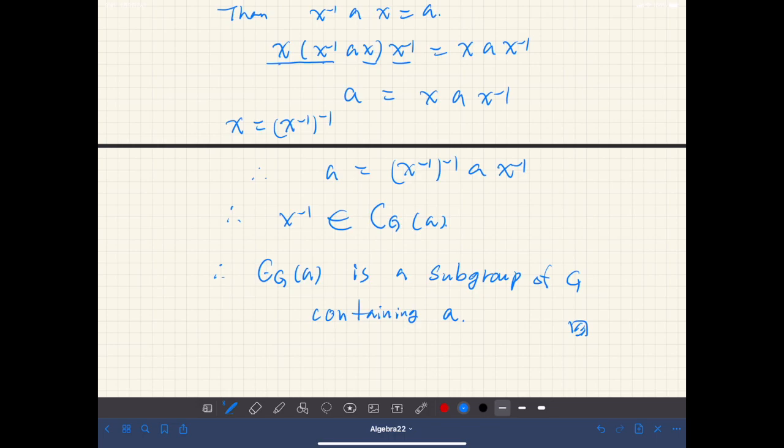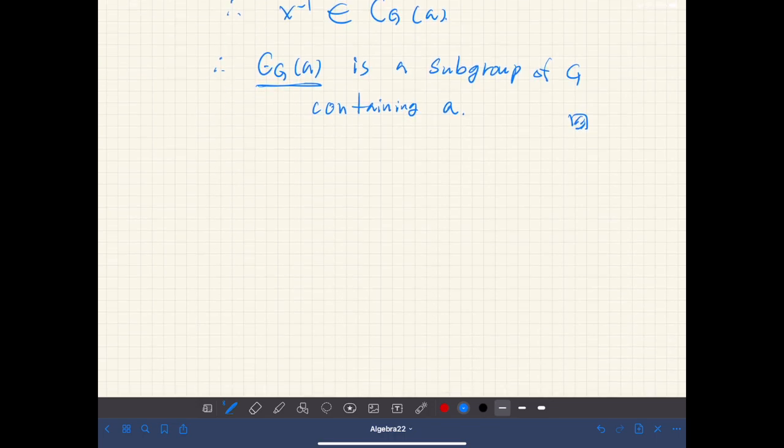So let's give a name to this subgroup. Here's the definition.